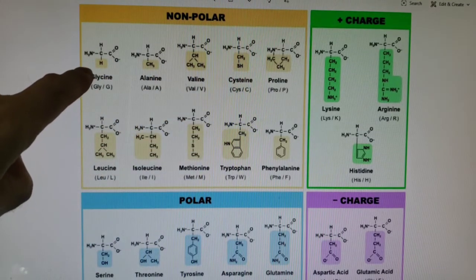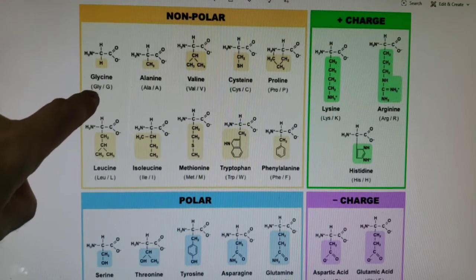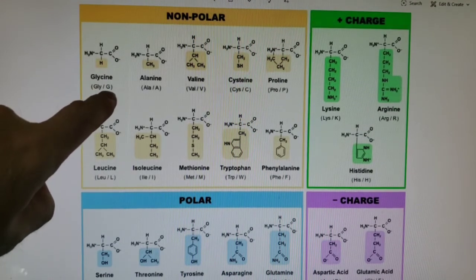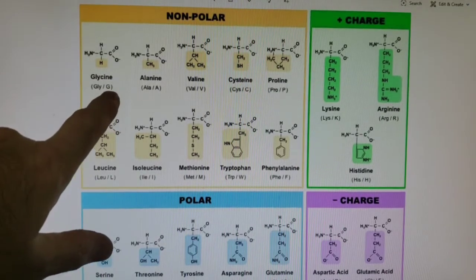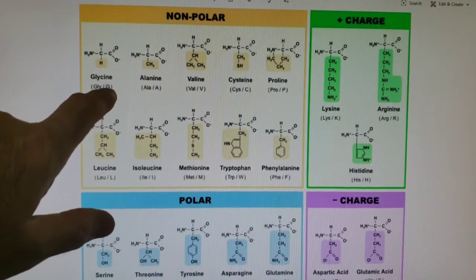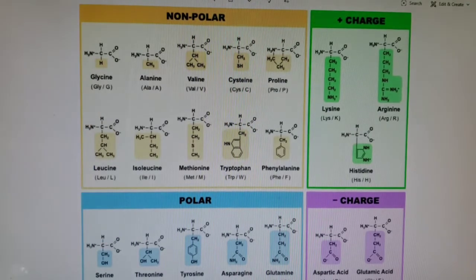The amino acid gets a name, it gets a 3-letter symbol, and it also gets a 1-letter symbol, because when we write out protein structures and we have perhaps hundreds of thousands of atoms in a protein, using a single letter to describe glycine is more effective than using 3 letters.